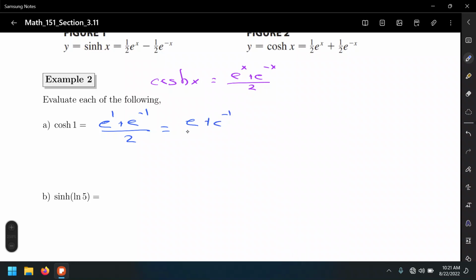Plus e to the negative 1 over 2. In this case, you might want to get rid of this negative sign by simplifying a complex fraction. So what do we mean by that? This is the same as saying e plus 1 over e, and then the whole thing divided by 2.